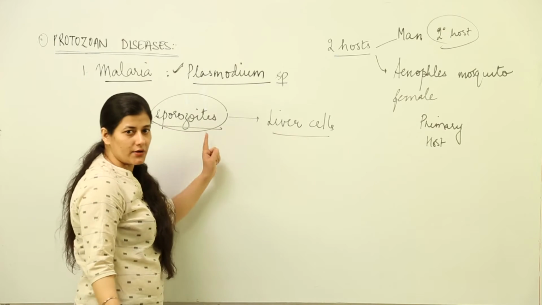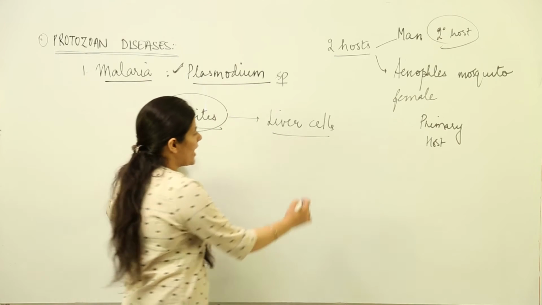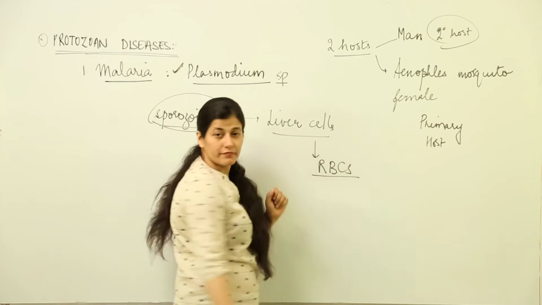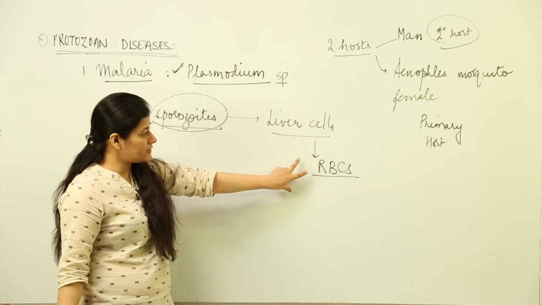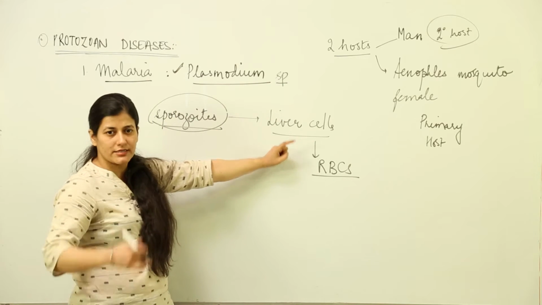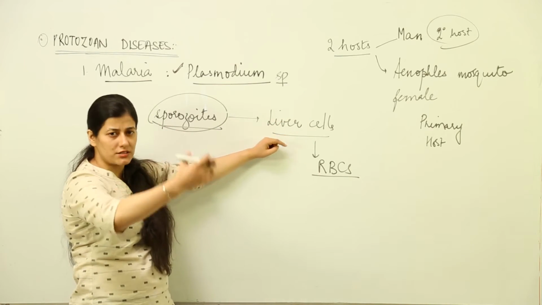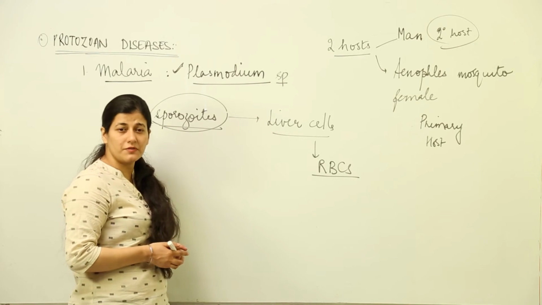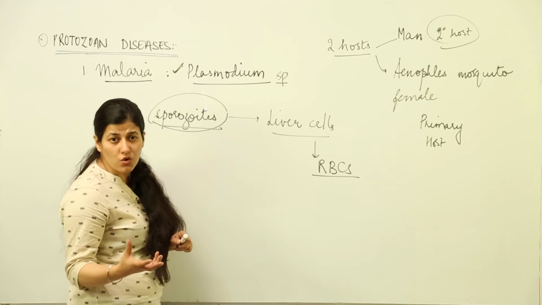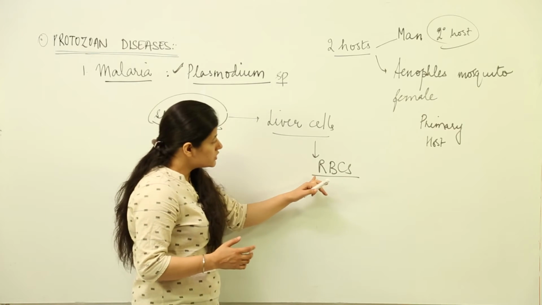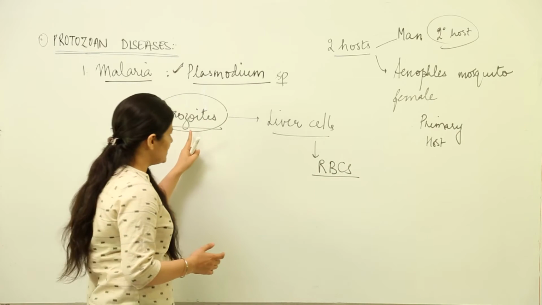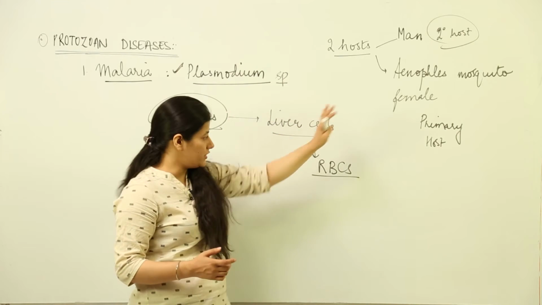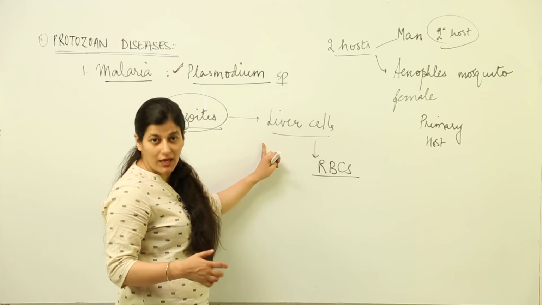Inside the liver cells, they divide asexually and go to RBCs. The sporozoites which have reached the liver cells go through successive stages: merozoites, cryptomerozoites, megamerozoites, and a schizont is formed, trophozoites are formed. So we have the RBCs infected by these sporozoites which have reached the human body through the agency of Anopheles. The division is asexual division.